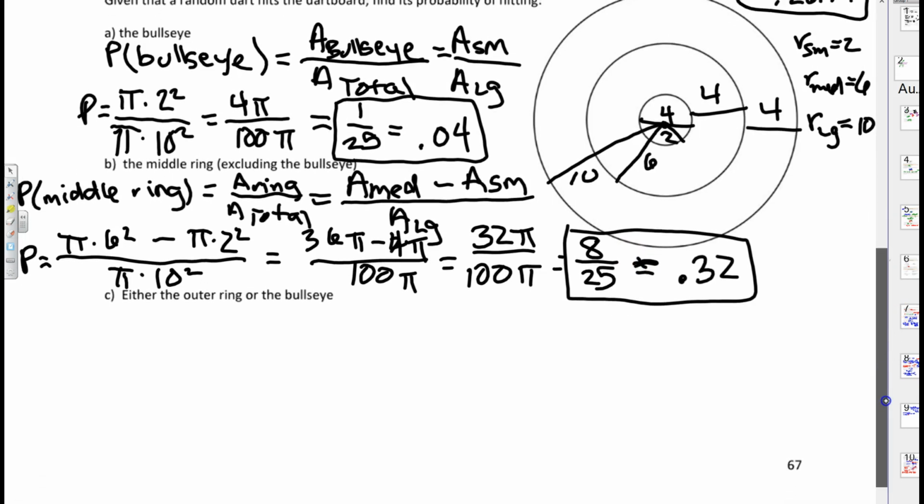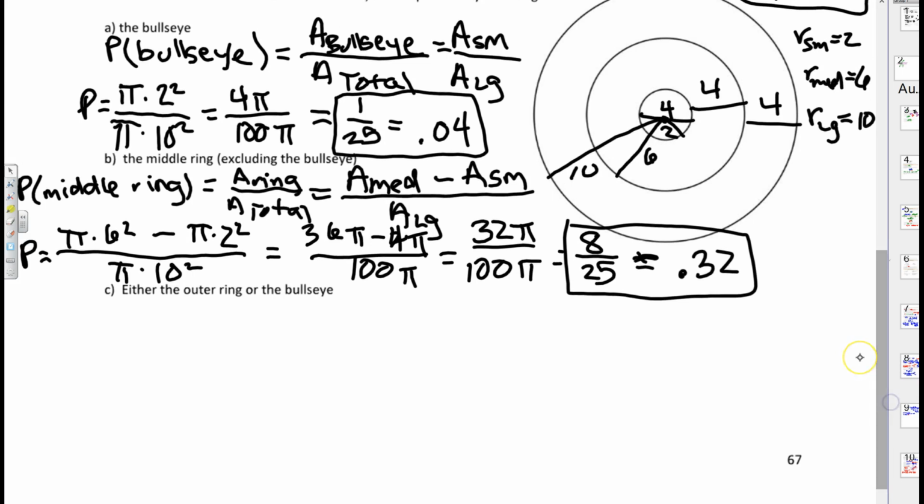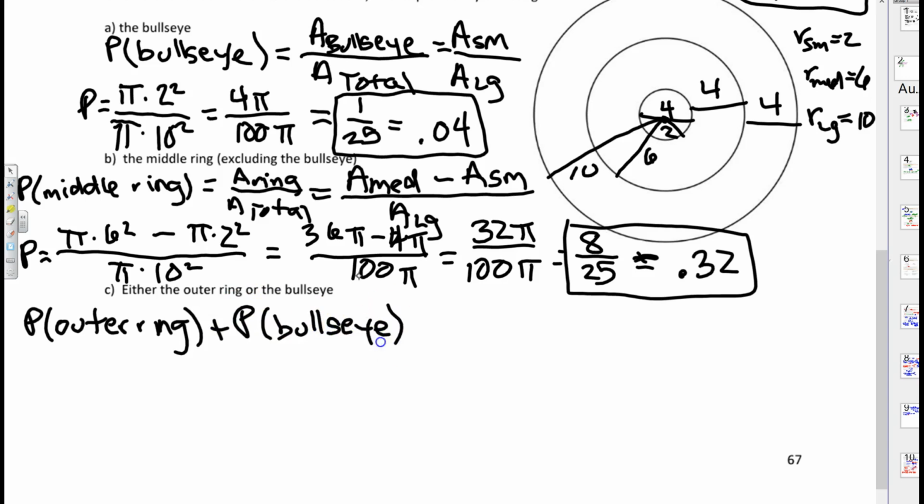Now, what about hitting the outer ring or the bullseye? Well, this is really an addition problem. This is the probability of hitting the outer ring plus the probability of hitting the bullseye. Let's talk about the outer ring first.